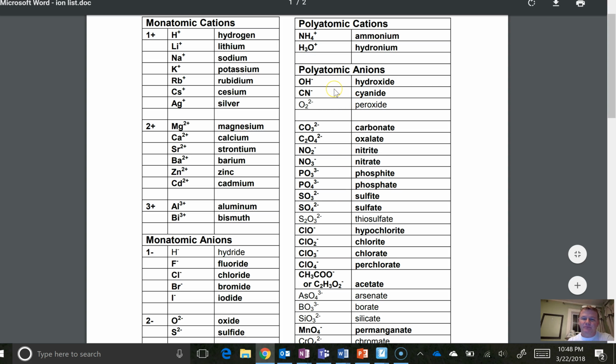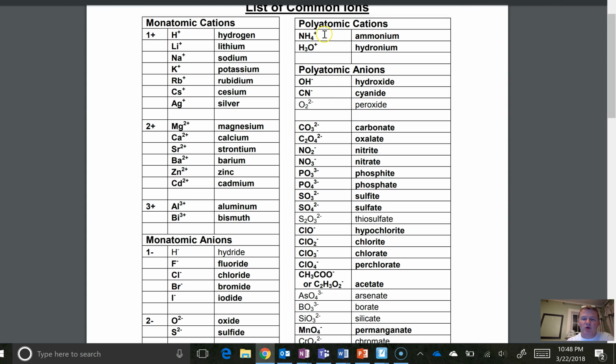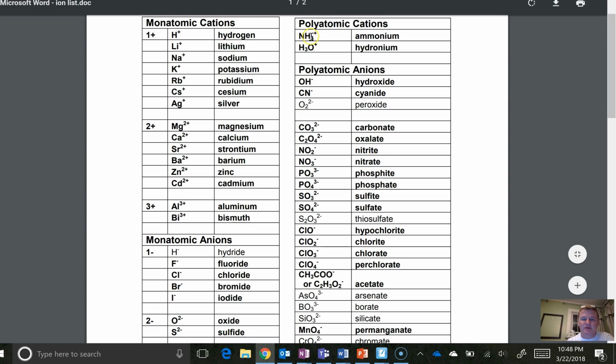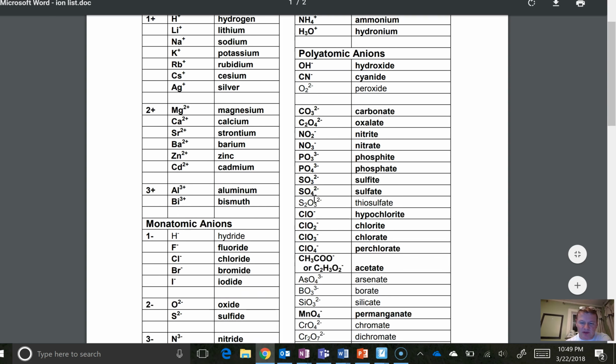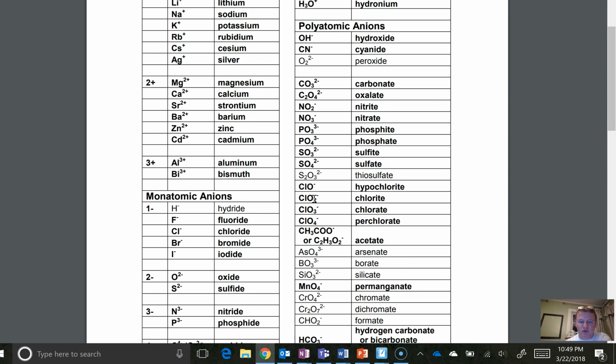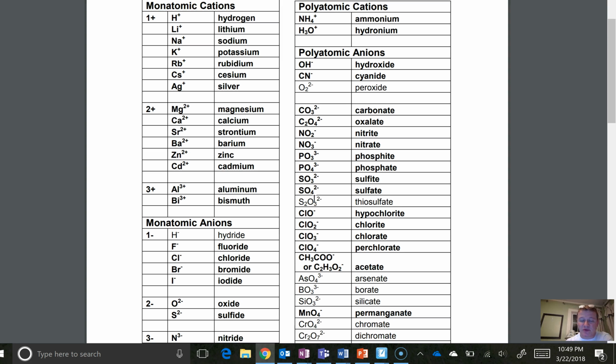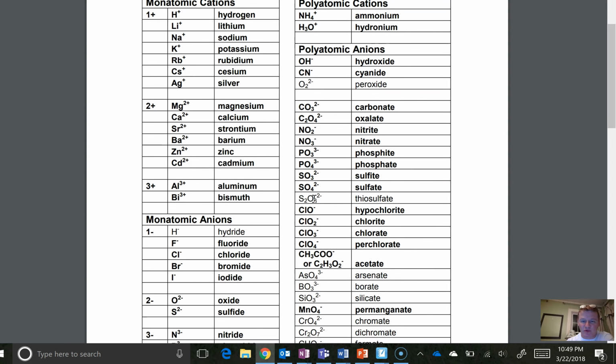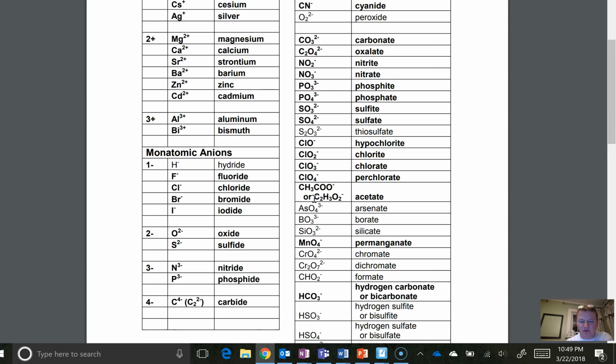There are technically 2 positive polyatomic ions on this list, but the only one we will really work with is ammonium, NH4 with a +1 charge. The ones in bold are the most common, and you'll learn to just know those by nature as you work with them.